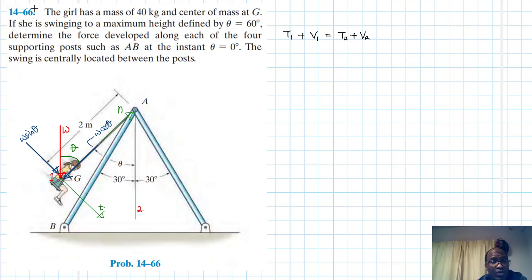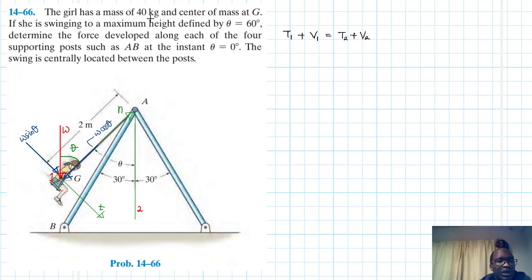So before we even go that side, let's explain what is happening here. At A, at point number 1, we can simply say the swing is temporarily at rest. It is held there at A, at 1, and later on it is released, right?